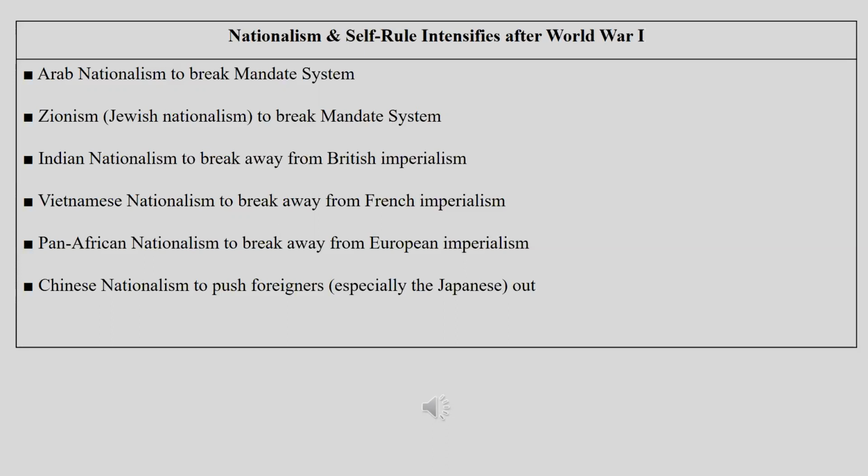African nationalism also intensified as the false promises of independence and self-determination were realized by the African peoples after the conclusion of World War I. Additionally, Chinese nationalism continued to intensify, especially against the Japanese, as the Chinese government's political and economic sovereignty continued to be challenged by the presence of so many foreign governments in China.